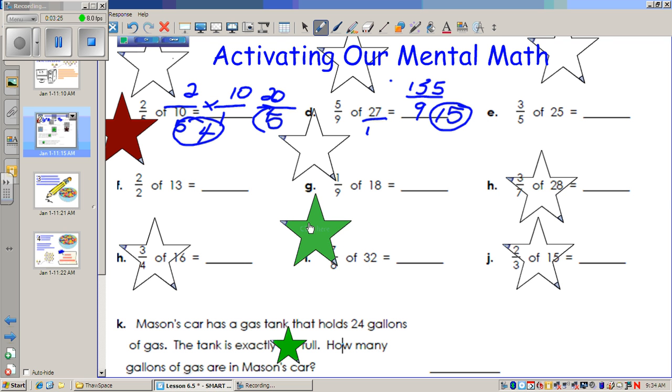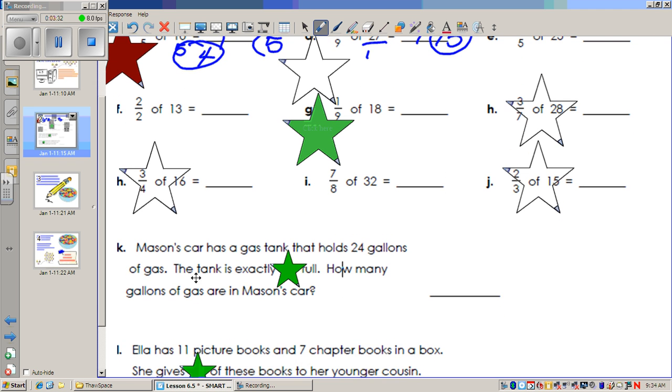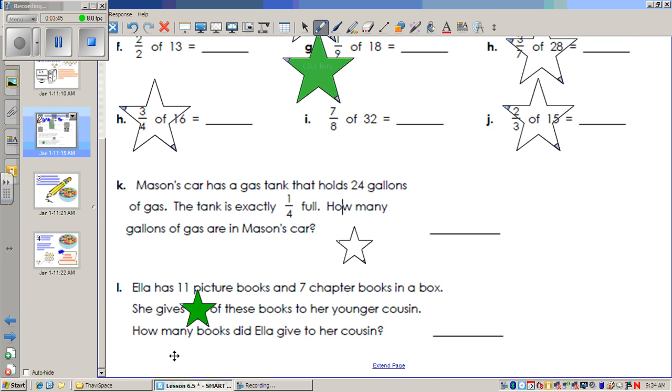You're going to have to do a little bit of multiplying, so make sure you do that. And on the bottom, Mason's car has a gas tank that holds 24 gallons of gas. The tank is exactly 1/4 full. How many gallons of gas are in Mason's car? There's that "of" again. Hopefully this helps you practice with fractions.